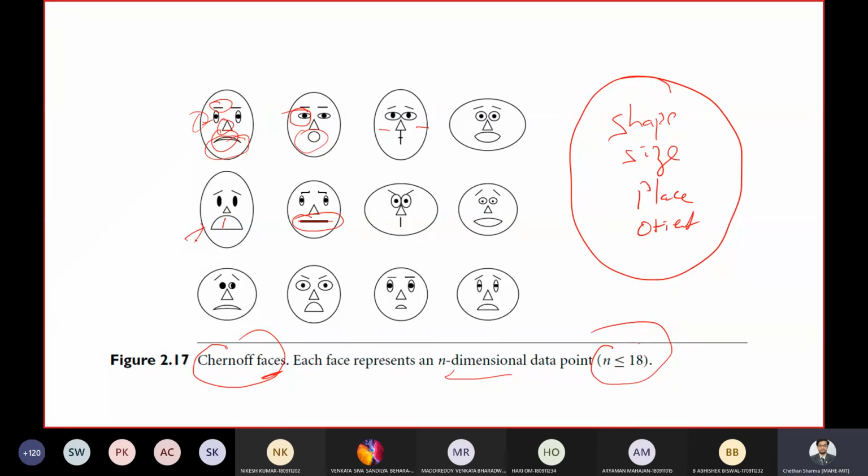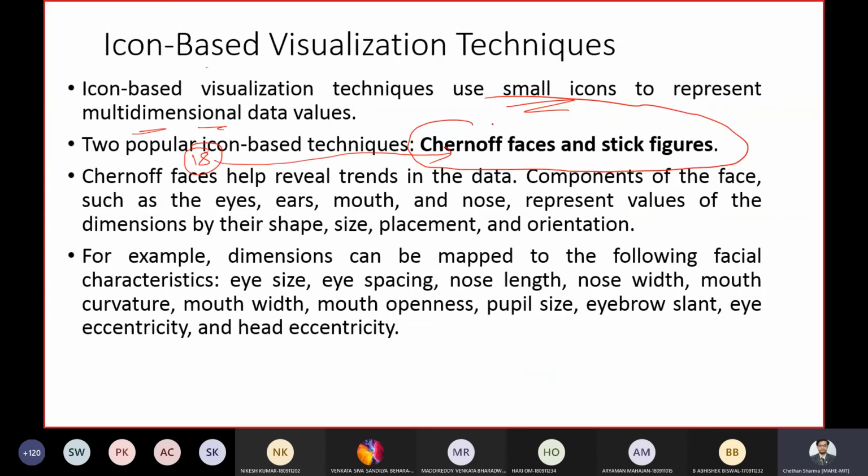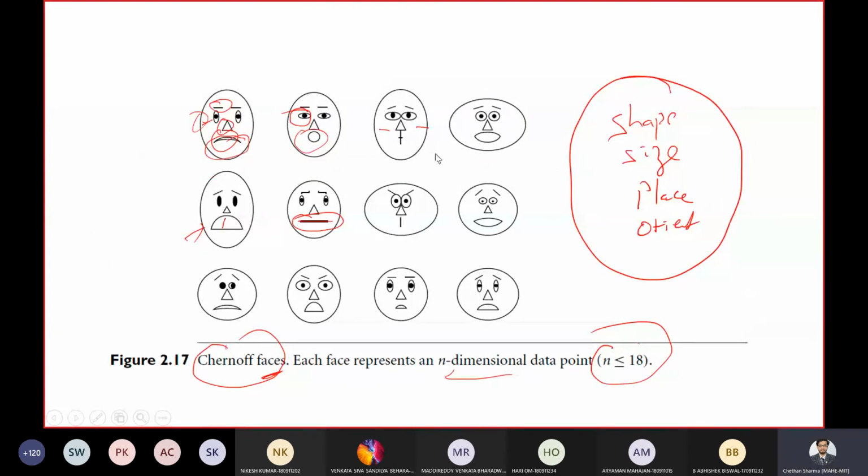But all you have to know is, if the data set is multi-dimensional in nature and contains up to 18 variables or dimensions, one way of plotting it is the Chernoff face, where each face has multiple components, and based on the shape, size, placement and orientation of the component, you can tell something about the dimensions. For example, if a dimension is more dominant, the mouth might be wide open.